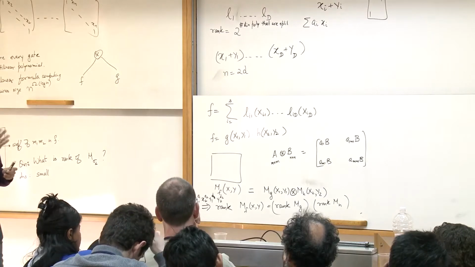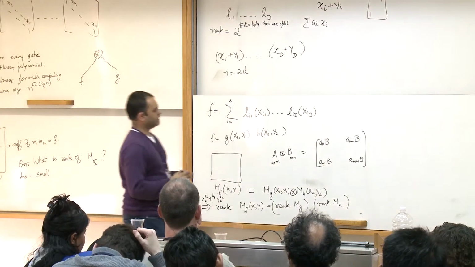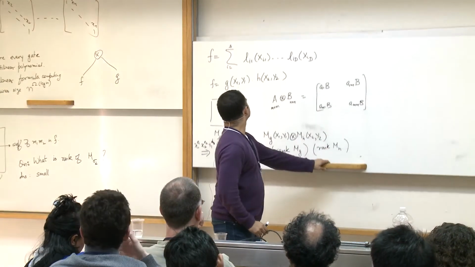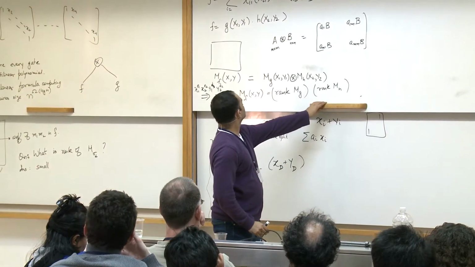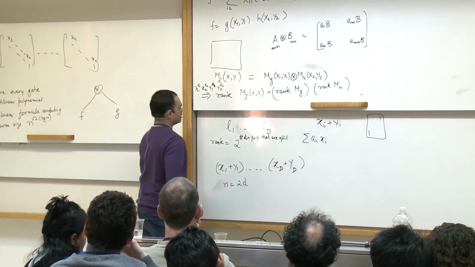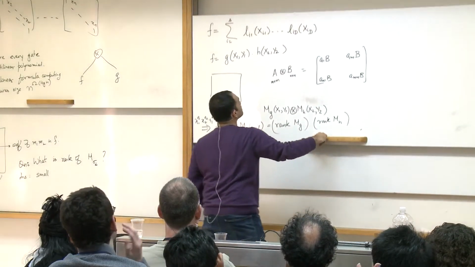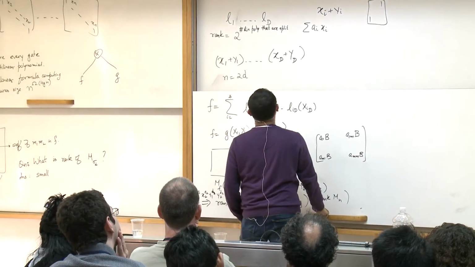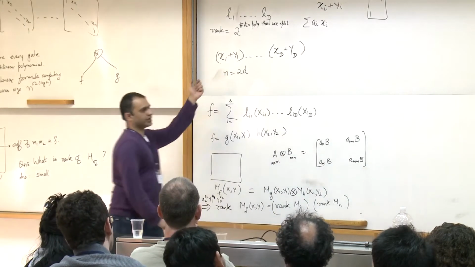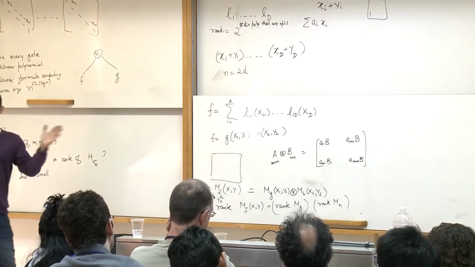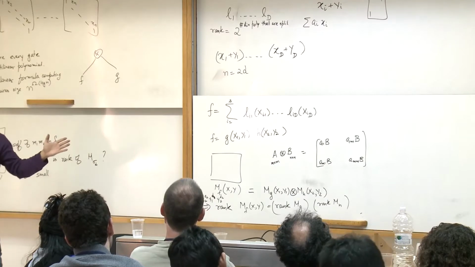Okay. So what was the key insight here? So we started off with something. Yes, it was here. Good. So we said that the building blocks here were a sum of terms over disjoint sets of variables.